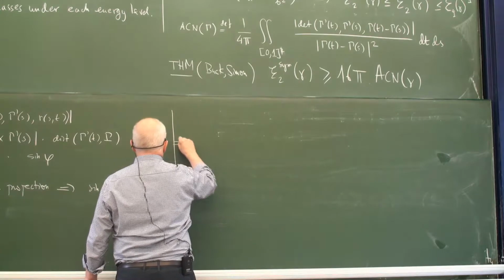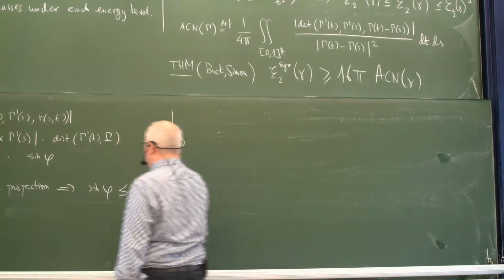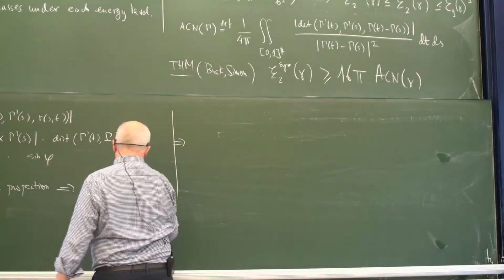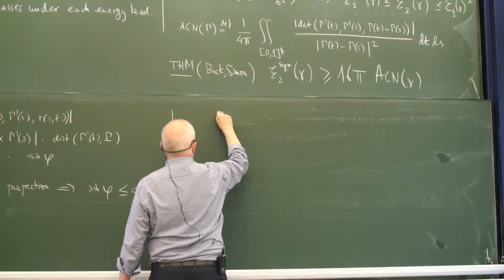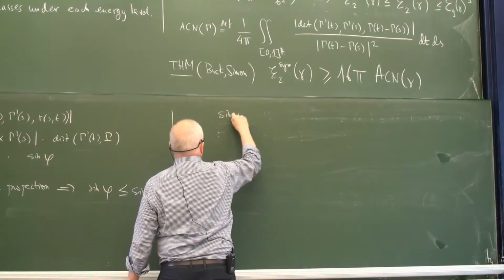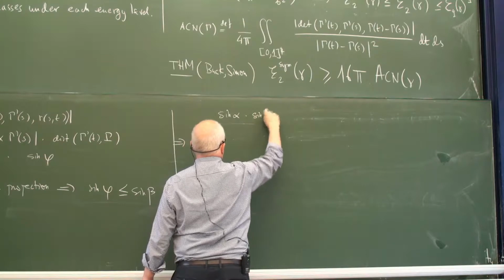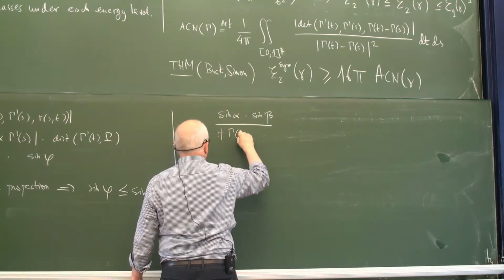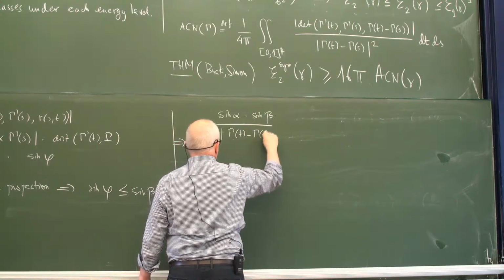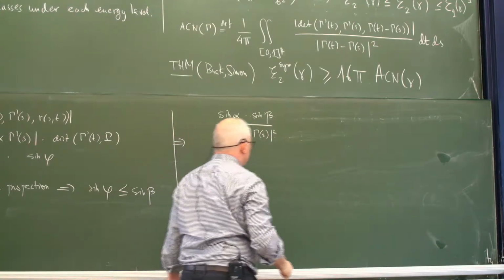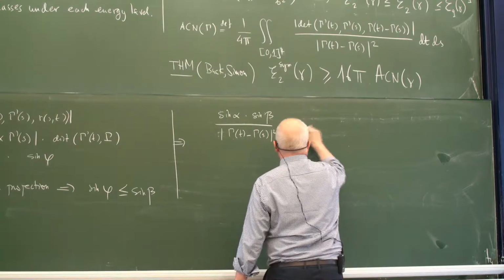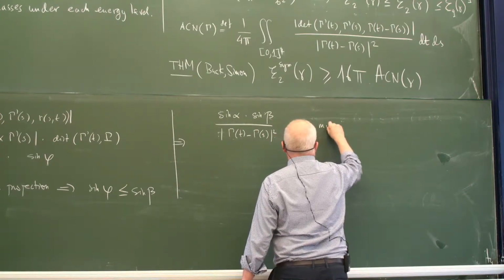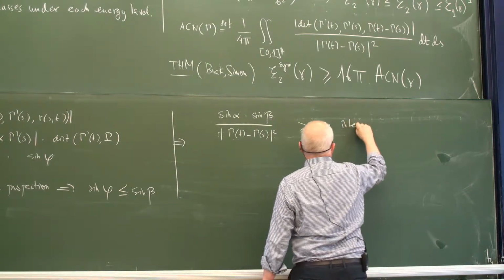So if I know this, then I know that if I replace here sine of phi by sine beta, I get something larger. So if I take sine alpha times sine beta and define it by gamma t minus gamma s squared, then I obtain something which is at least my integrand.